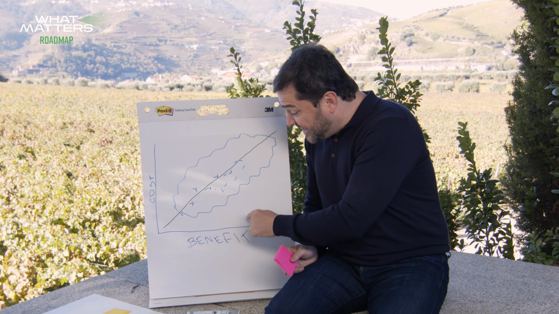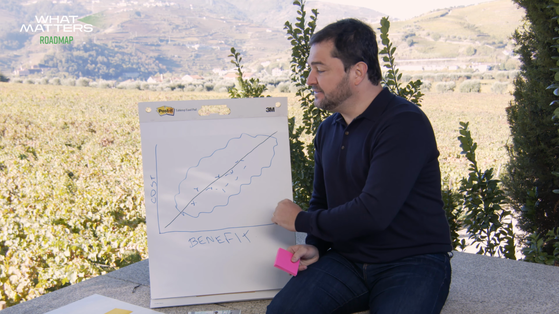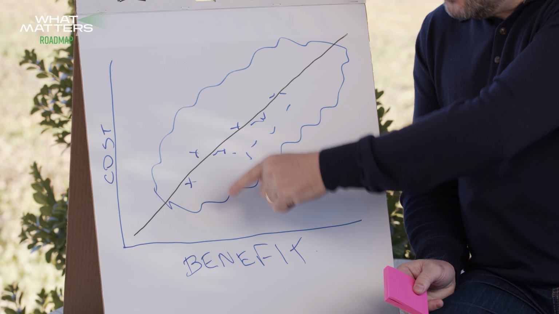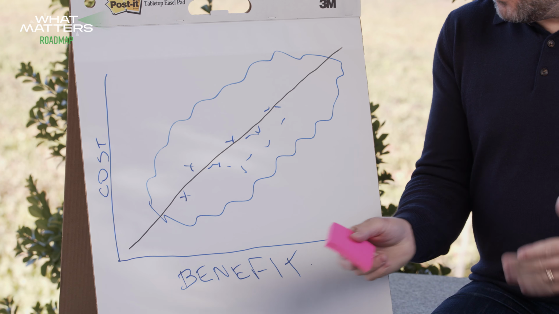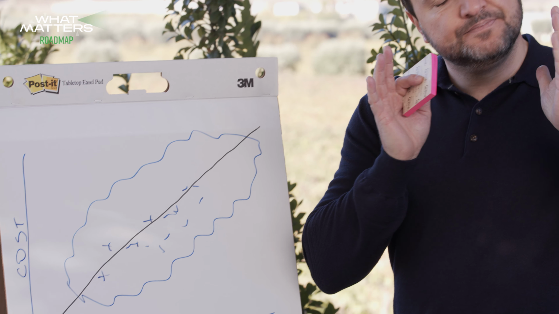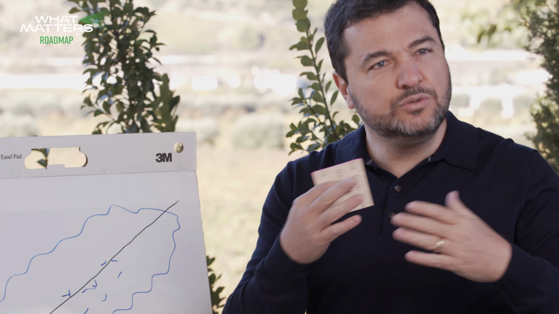Is this benefit still valid? Is this cost still high or low? For example, one of my North Stars is very much directed to travel, to know different things.